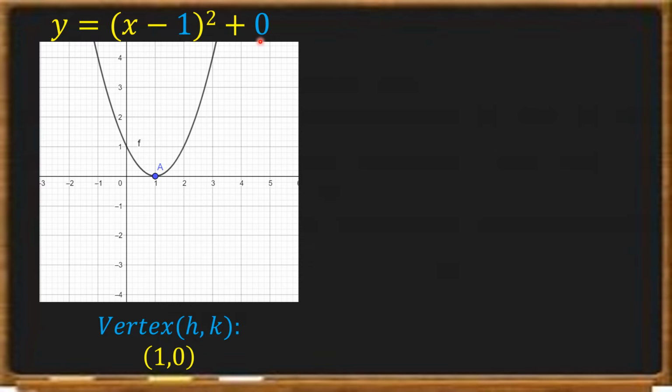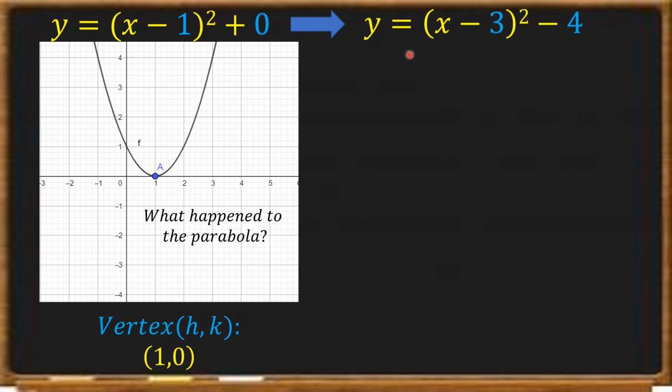So what will happen to this parabola if we change this quadratic function into this one: y is equal to the quantity of x minus 3 squared minus 4? What happened to this parabola, from this parabola going to this parabola?